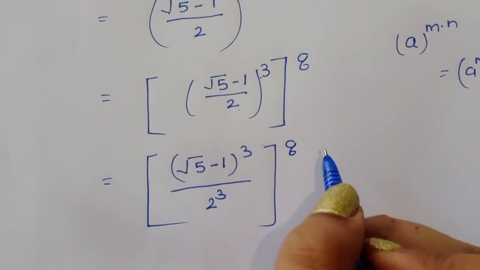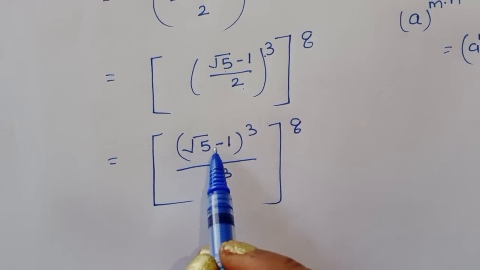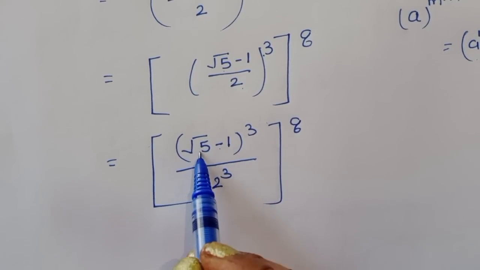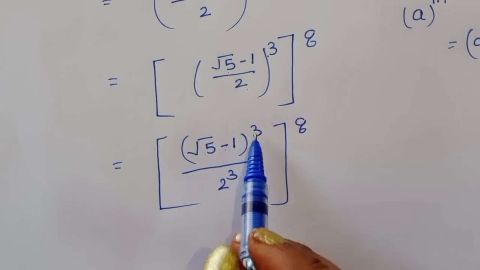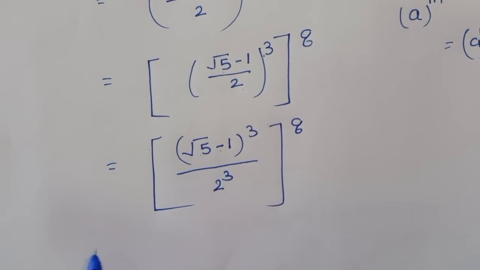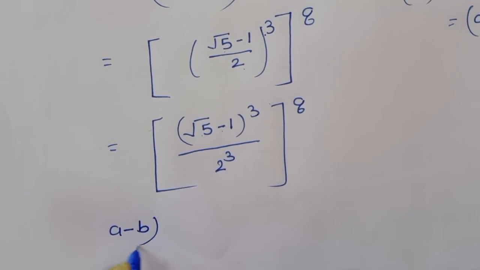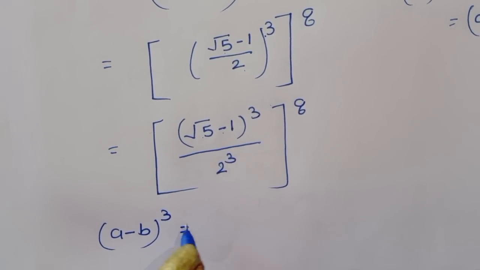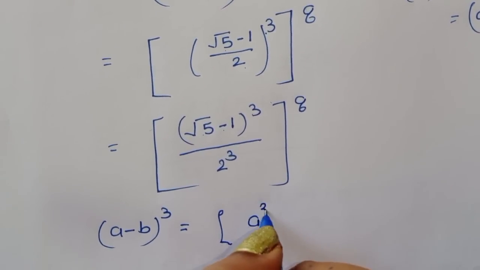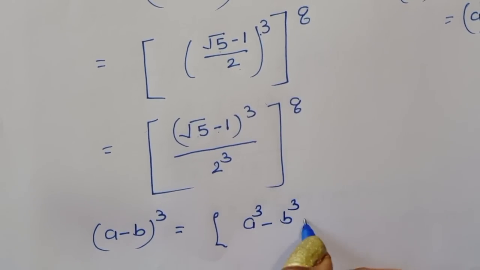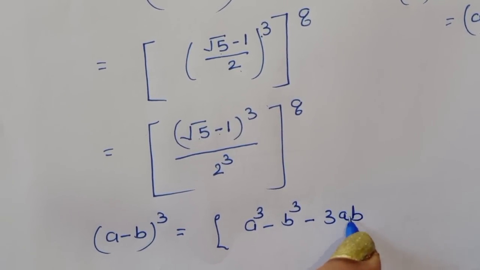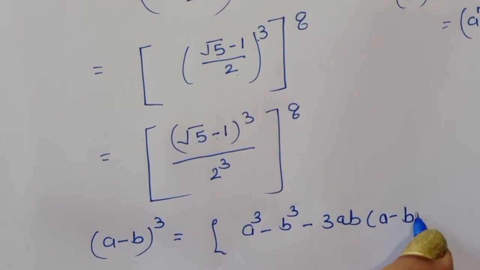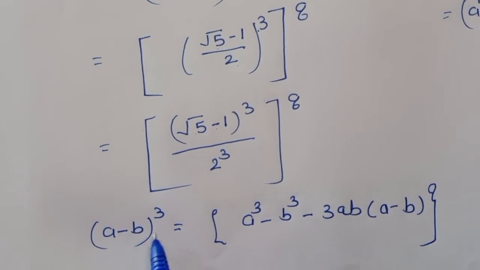Now you can see this is square root of 5 minus 1, power 3. So this is a minus b power 3. Now we use the formula of a minus b power 3, which is a cube minus b cube minus 3ab times a minus b.